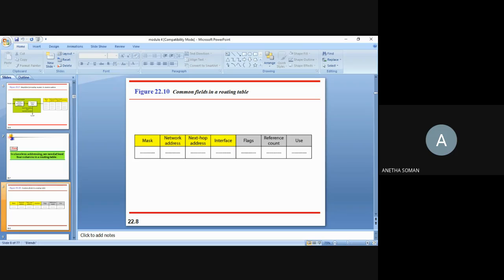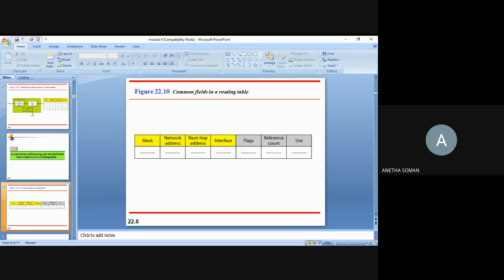One is the up flag, in short, you will denote it as U. Second is the gateway flag, in short, you will denote it as G. Third is host specific, H, the fourth one is added by redirection, that is D, and the fifth one is modified by redirection. So these are the 5 different flags.